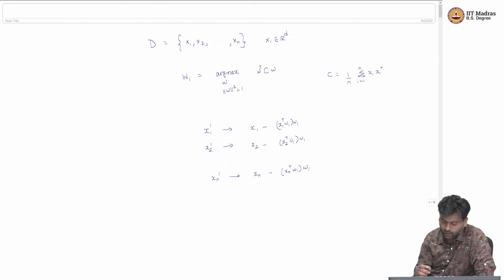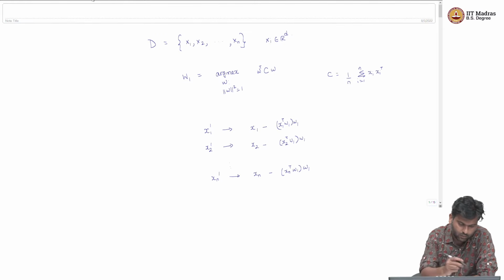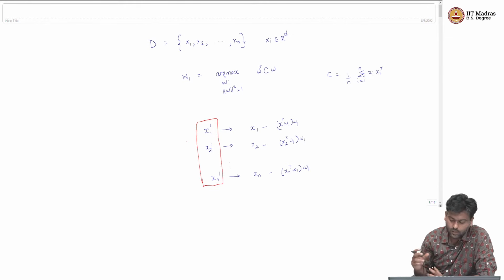So we have this as our new data set. Remember, all these points are still in R^d, just that they are the error vectors in d dimension.